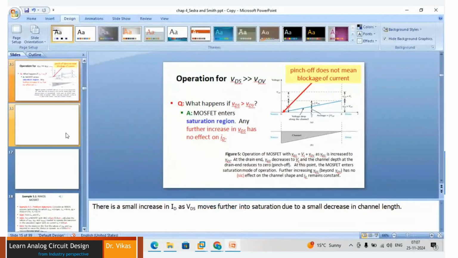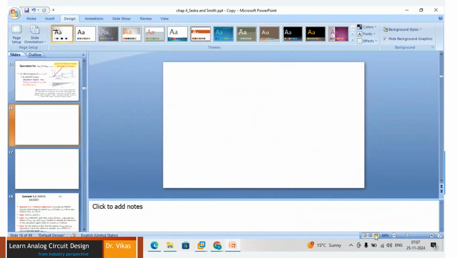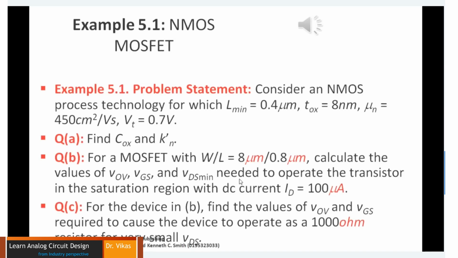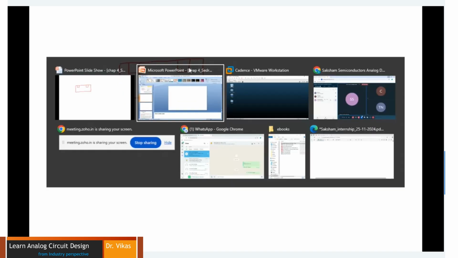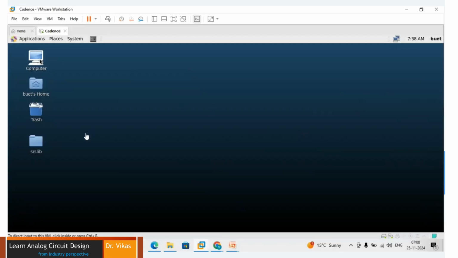In the meantime, let me get to one particular thing. I was talking about one particular aspect on the body effect, or rather I'll talk about this a little bit later. Let us first get into these particular things.